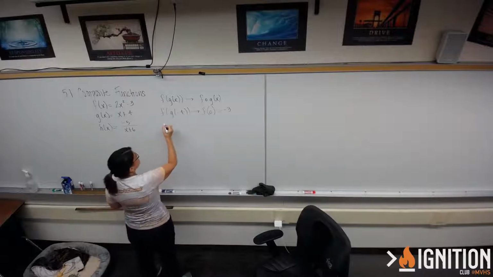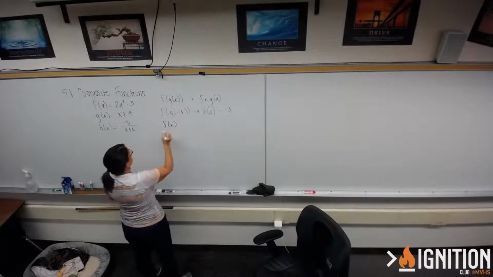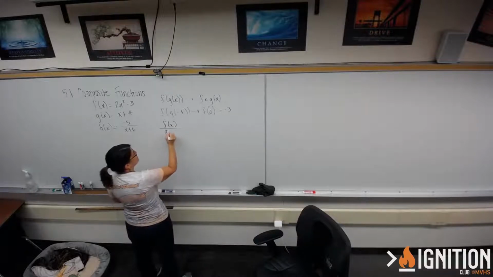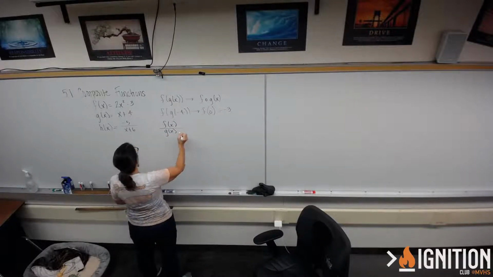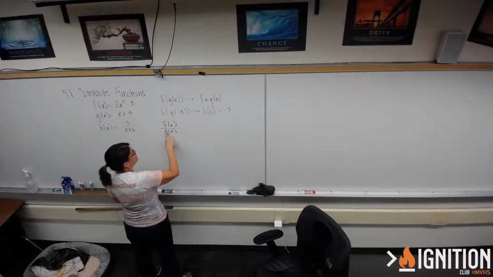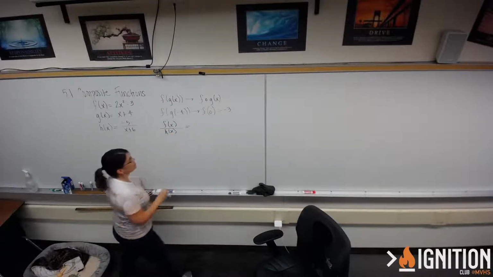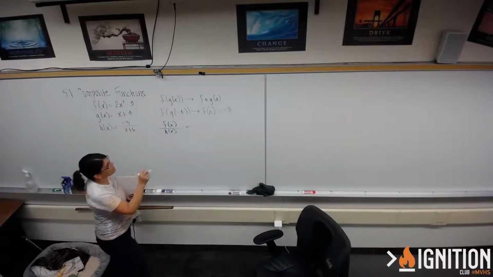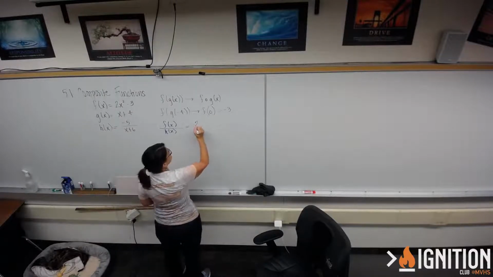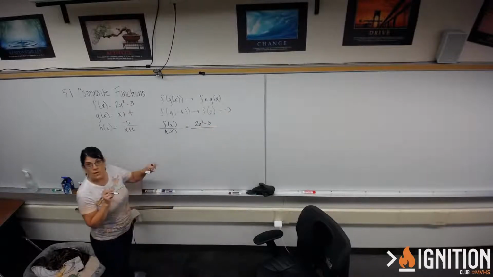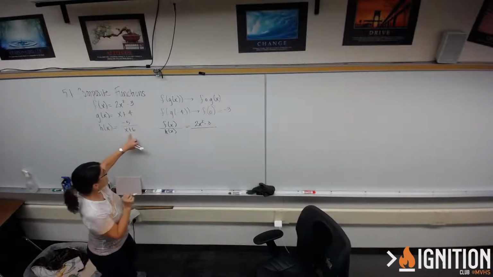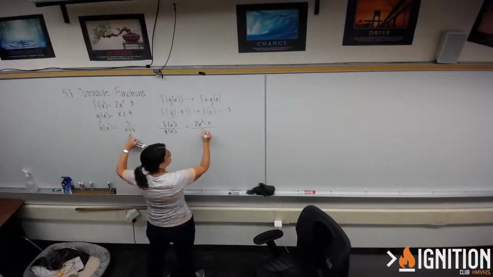What about the f of x divided by the g of x? No, let's make that h. I can change my mind so much easier on the board. F of x, 2x squared minus 3, over the h of x, which is negative 5 over x plus 6.